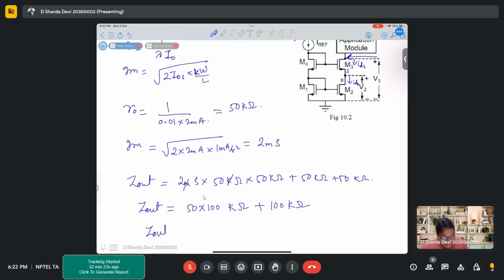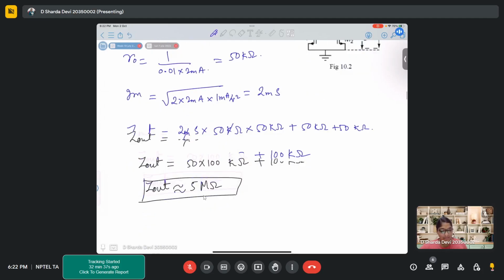So that is approximately equal to 5 mega ohms, right? So this is the Z out that we observe for this particular circuit.